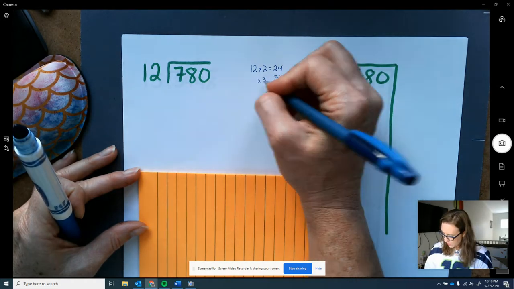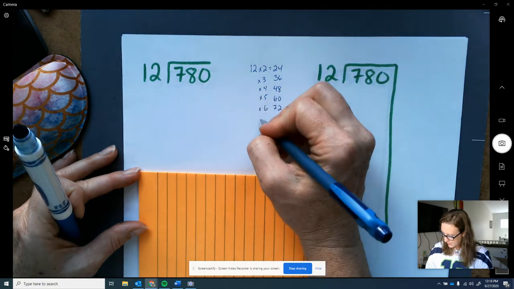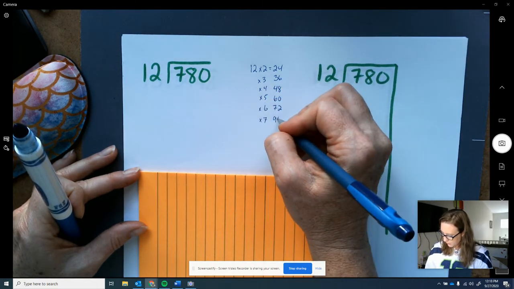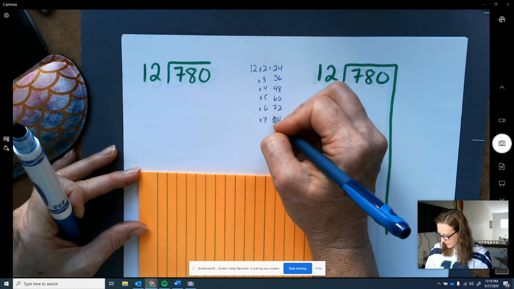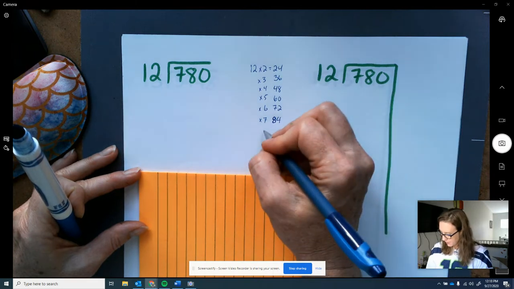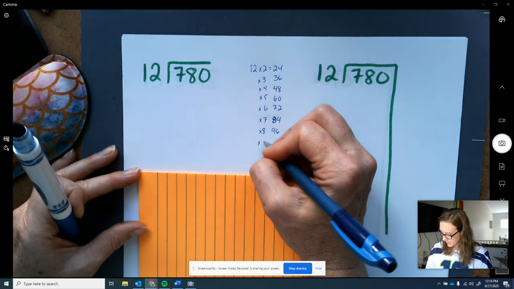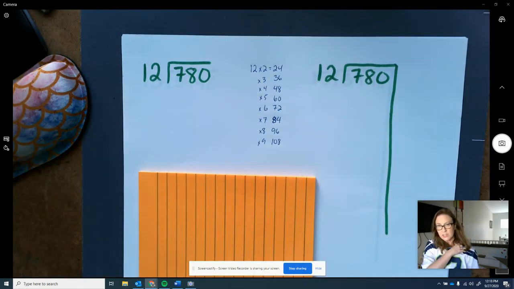And this is times 3, times 4, times 5, times 6, times 7 would be 90. Wait. No, it's 84. I don't know where my brain went. See, I don't know my 12s as well. Times 8 is 96. Times 9 is 108. And I'm going to stop there because I don't have to go to 10. If I have to go to a 10, then I'm too far over.